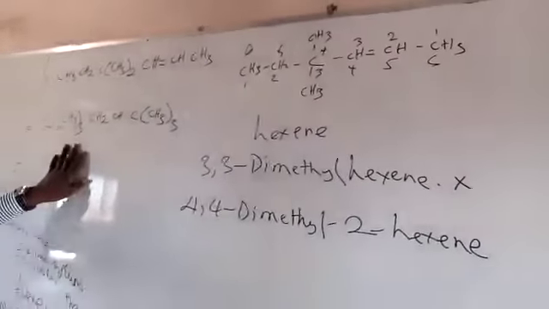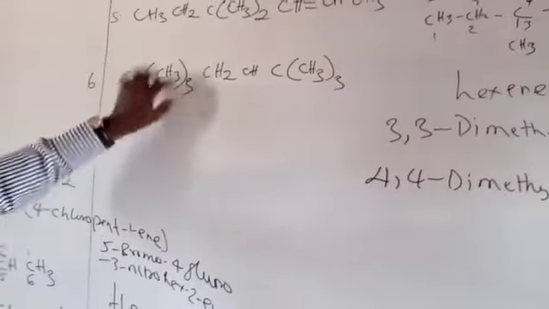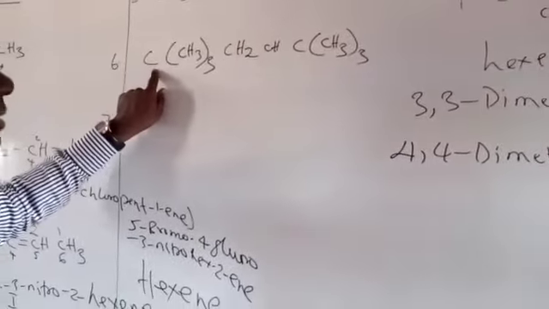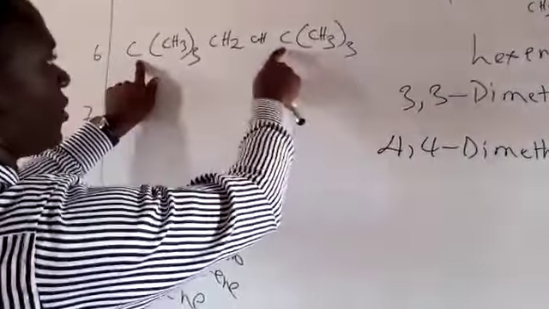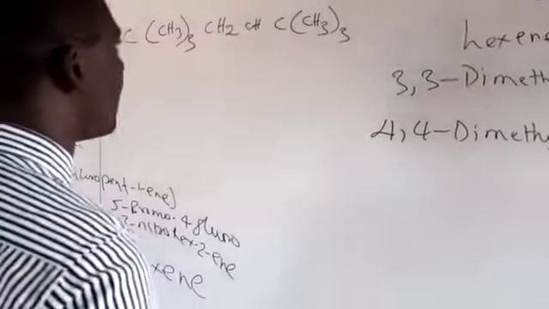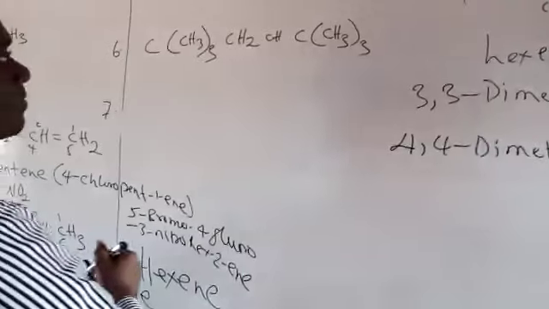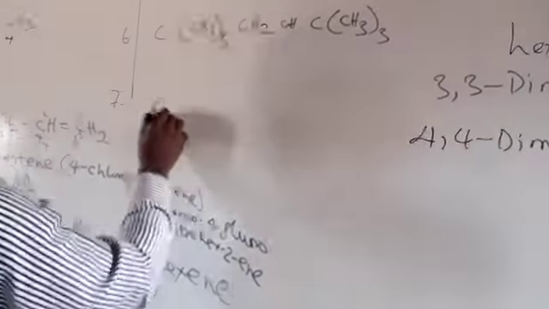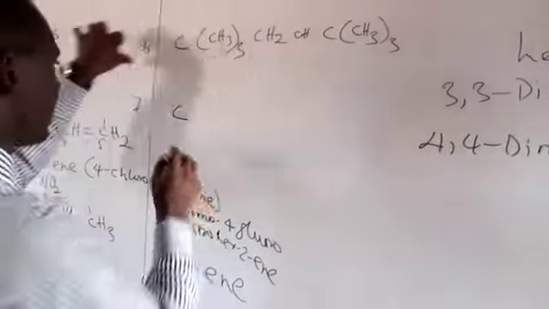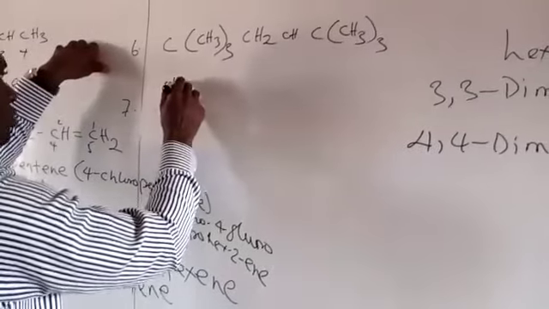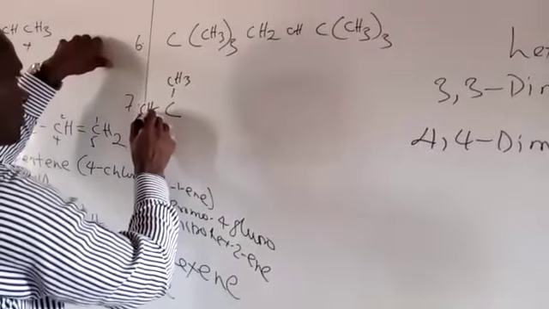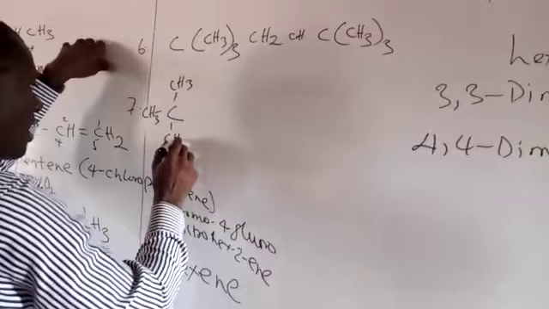Finally, this other compound. You need to open it first before you can name it. They are telling you that there are 3 methyl groups attached to this carbon. This one also has 3 methyl groups attached to this carbon. So if you open it up, you're going to have C, this carbon now. Then CH3 1, CH3 2, CH3 3.